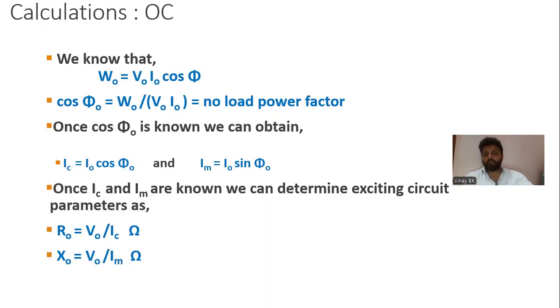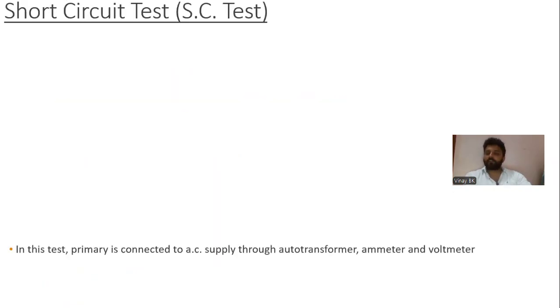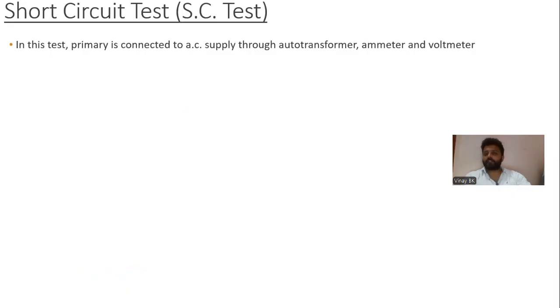So all these parameters you get from the open circuit test. You can take a screenshot. While doing the calculation, we will know the values of W naught, V naught, I naught. You find cos phi naught, then IC, then IM. With the help of that, we find R naught and X naught, that is V naught by IC and V naught by IM.